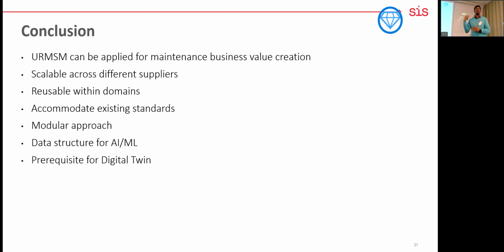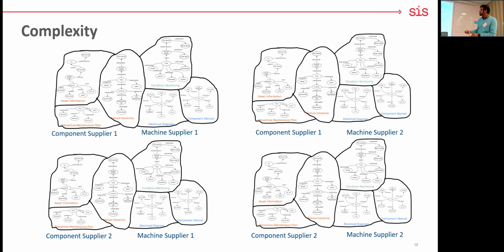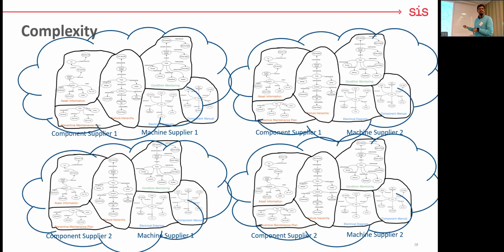We try to use various domains, because a pump is mechanical, but if you connect it to IT, it's again electrical. So it's two domains interacting together, accommodating existing standards. And this is even more interesting for us, the modular approach. As I've shown you as an example, if you're able to just replace one component with another component, it can work, because they use similar information models.